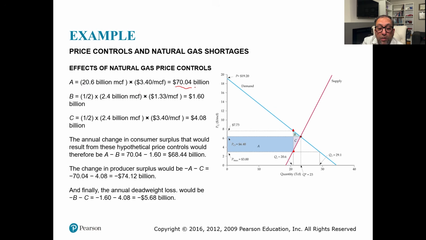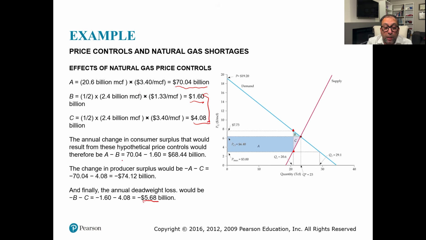So there is a gain to the consumer, but this is again a loss to the producer as well. Triangle B is 2.4 times 1.3, giving 1.6, and C is 4.08, and altogether when we add up, we get 5.68 as the deadweight loss, because these are the two triangles.